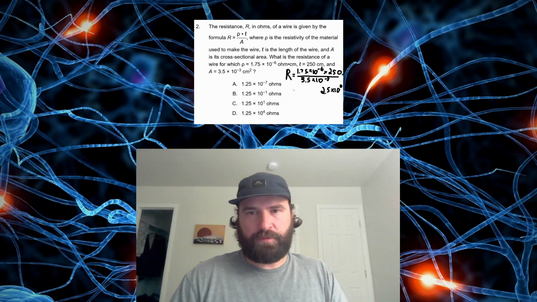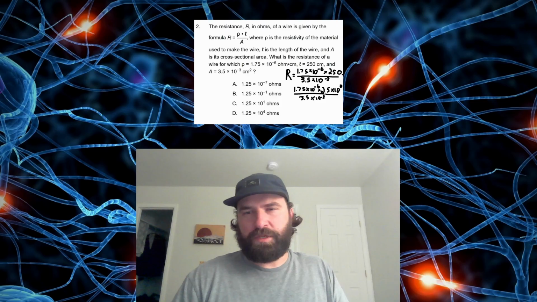And then the rest of the equation is still the same. 1.75 times 10 to the negative 6th times all that divided by 3.5 times 10 to the negative 3rd. So now we've got 3 tens raised to some power.